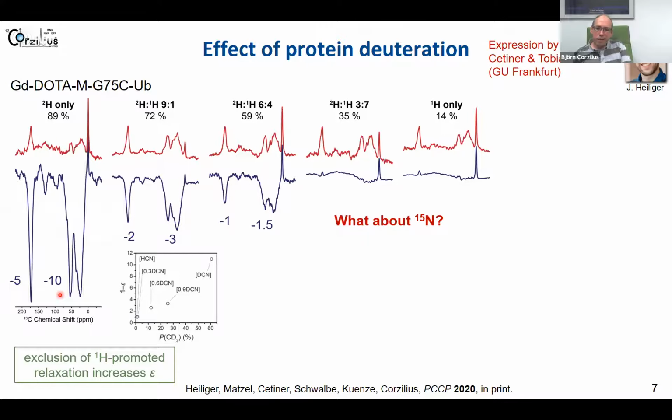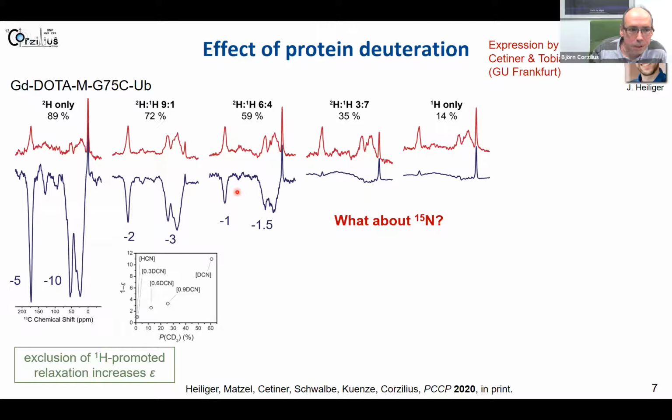So what about 15N? I was discouraging my student, Jörg Heiliger, who has done all the DNP experiments, to look at 15N for a long time, because I always said this takes too much time. The build-up times are too slow or too long. The inherent sensitivity will be too low, even if you compare this to the carbons.